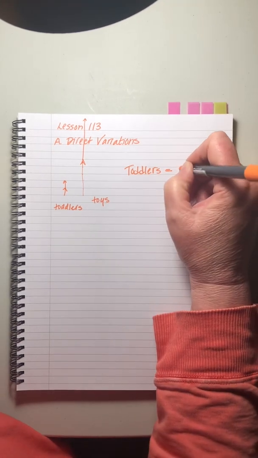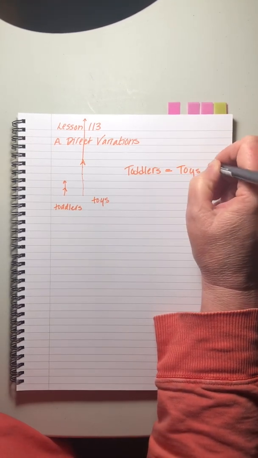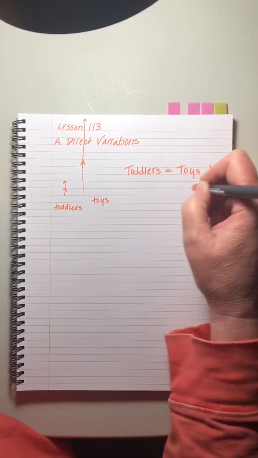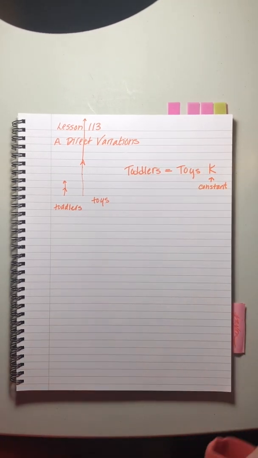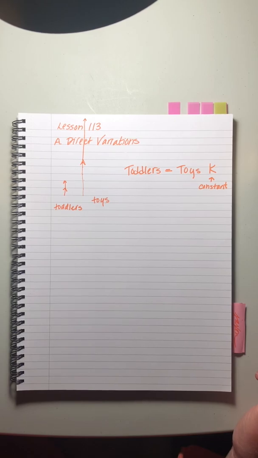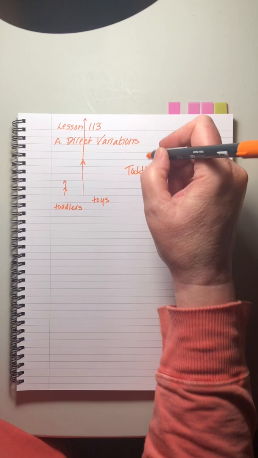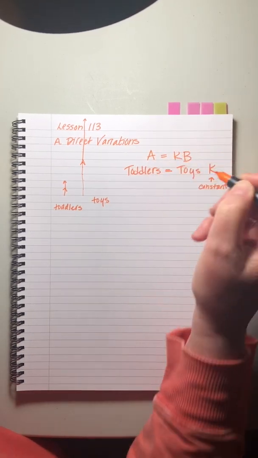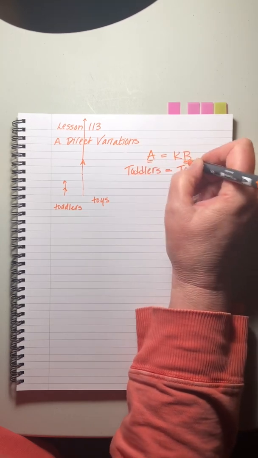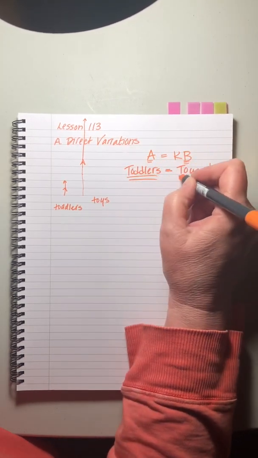But we can write this as the number of toddlers equals the number of toys times a constant that we call K. This can be simplified as A equals K times B. We can change the A and the B. In this case, it would be toddlers and toys, right?